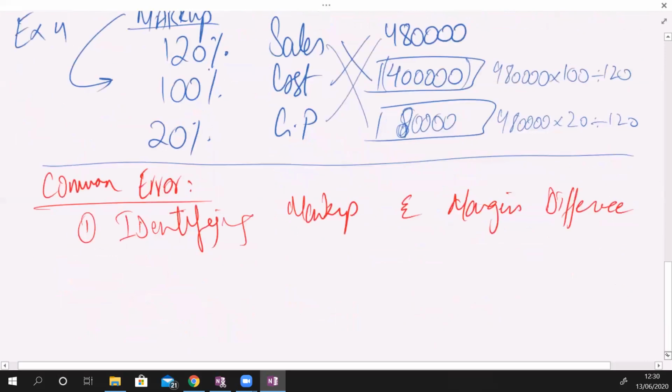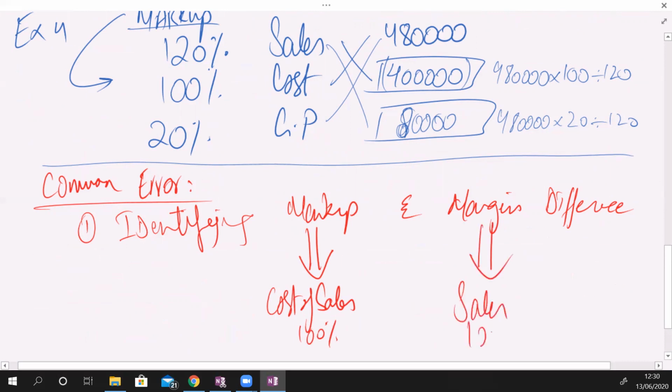The common error that students make is that they cannot differentiate markup and margin. They have to make sure that when it says markup, cost of sales is 100%, and if margin is written, sales is 100%.